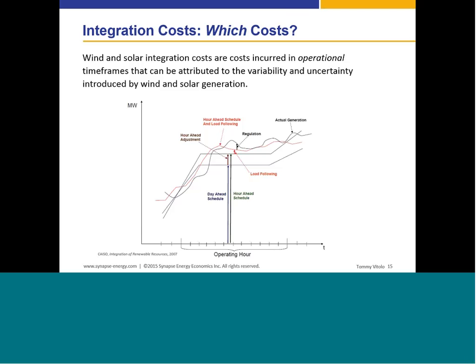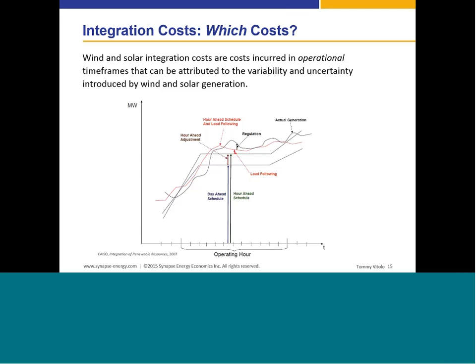This image is courtesy of CAISO, and it describes dispatch on different time frames. There's a day-ahead schedule where resources are primed and ready to go. As you may know, many steam resources need a day's notice just to make sure that they're ready.